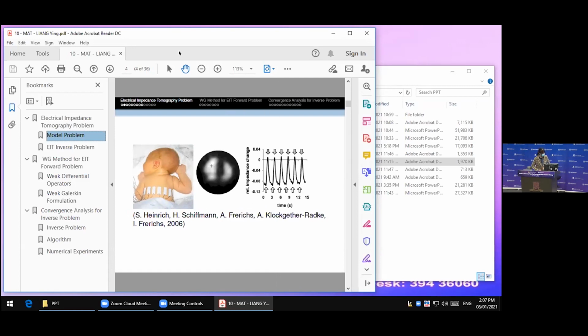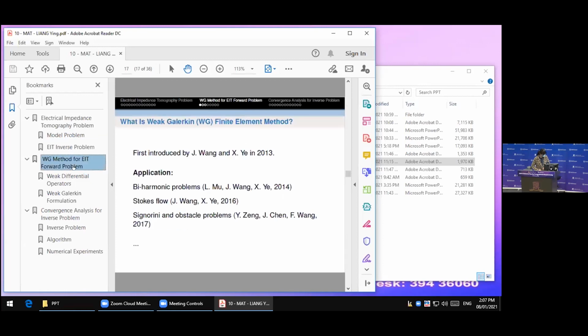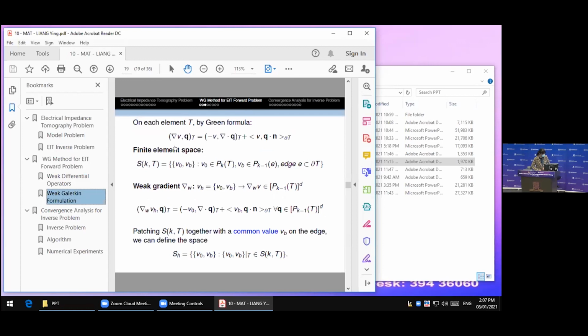Weak means that in the setup of this method, like here, the traditional differential operator would become this operator. It is defined in a larger space than the continuous space. And therefore, it is mathematically a weaker definition than the partial differential operator. Okay. Thank you.